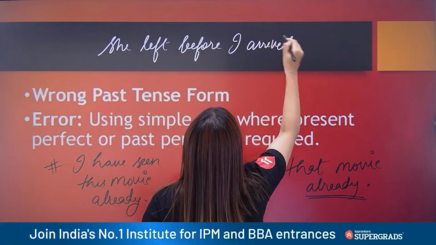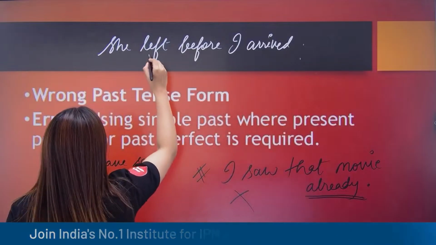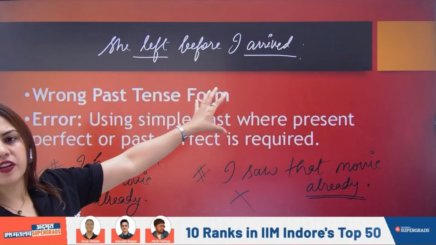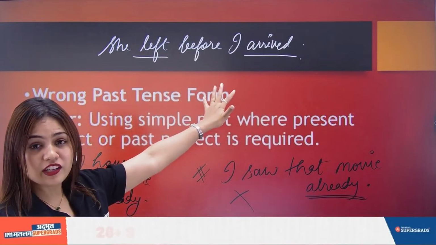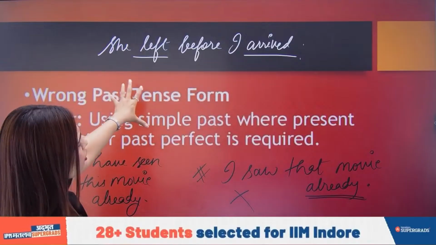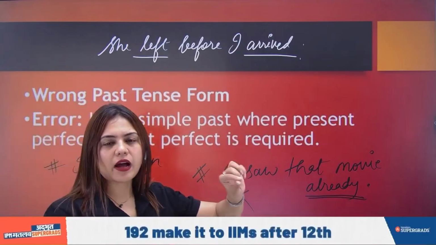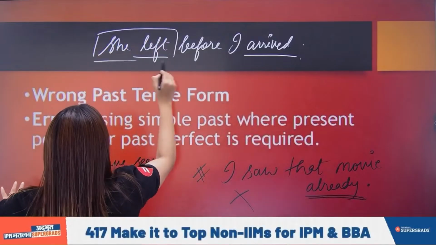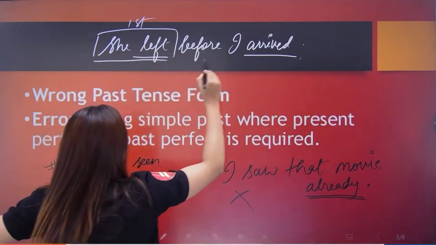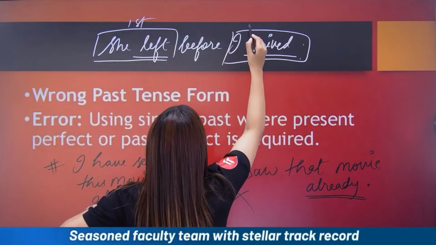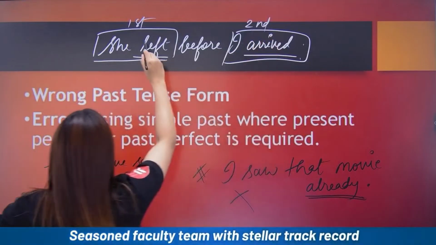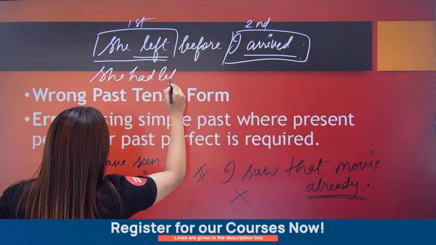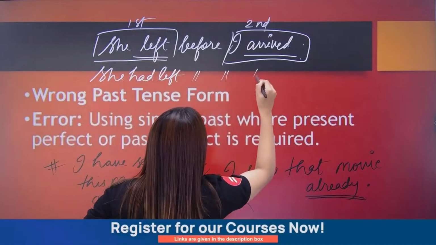This is the most commonly asked error question based on tenses. As you can see, in both the parts, we have used simple past tense, but no, that is not really the key here. तो सबसे पहले तो हमें ये ढूंढना पड़ेगा कि which action happened first. So as we can clearly see, this happened first, and this happened later. So this will be in past perfect tense, and the rest of the sentence remains as it is.